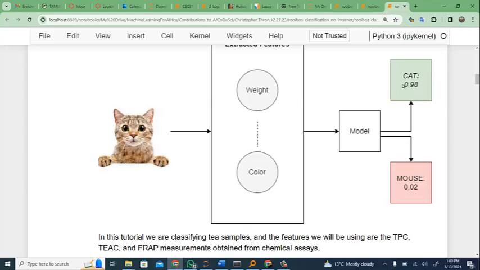Now, of course, since cat has the higher probability, you will determine that this animal is a cat. So the final outcome is simply the classification, cat or mouse. But often in classification methods, a probability is also attached.